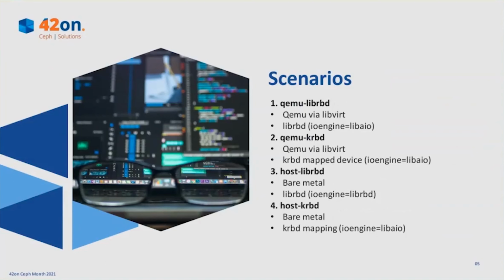Then we will be testing the host librbd, so that's bare metal on the same host that the virtual machine exists on, and we will be using the librbd IO engine of FIO. And we will be testing the host krbd performance on bare metal with the krbd mapping, and the IO engine will be libaio here.